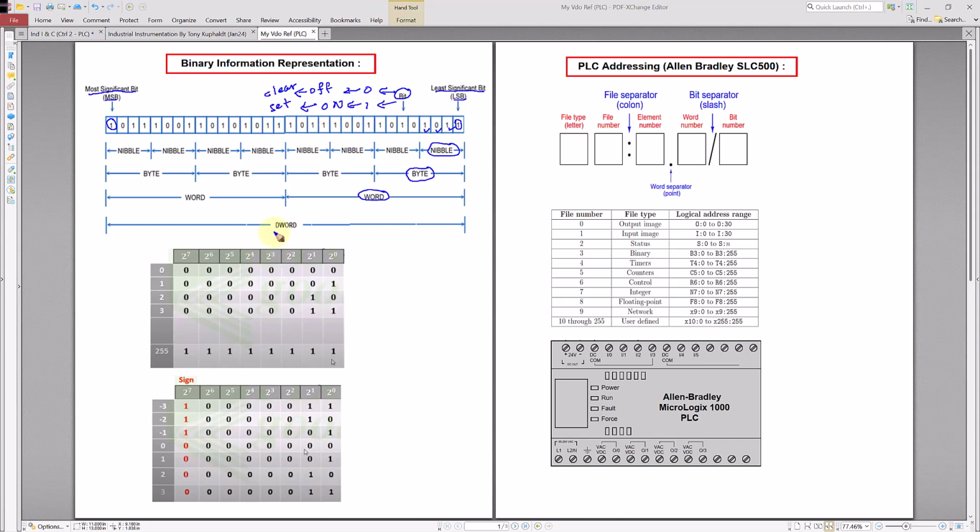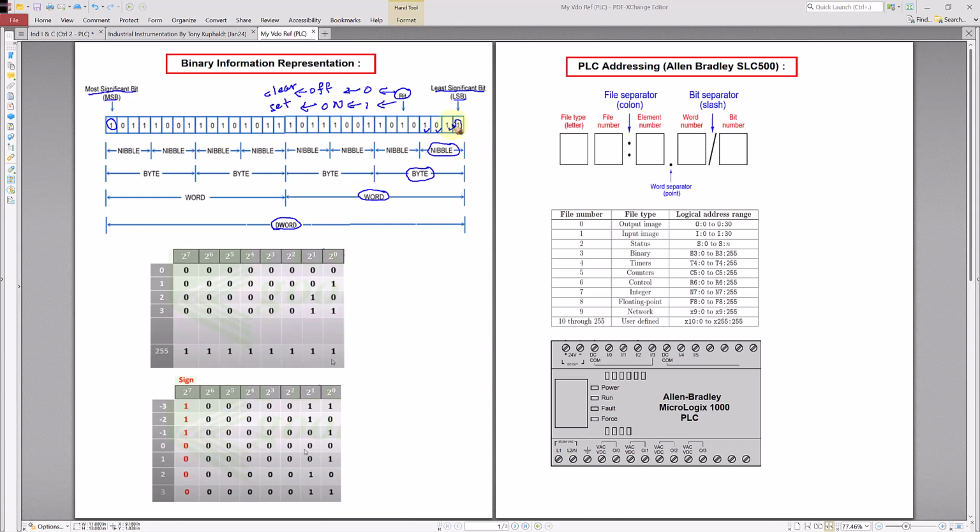A D word is equal to 2 words, which is also equal to 4 bytes, which is also equal to 8 nibbles: 1, 2, 3, 4, 5, 6, 7, 8 nibbles, which is also equal to 32 bits.